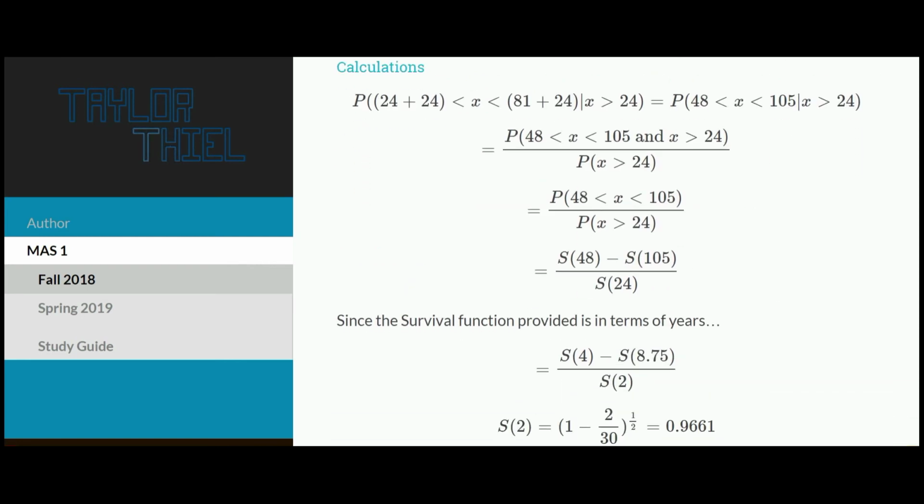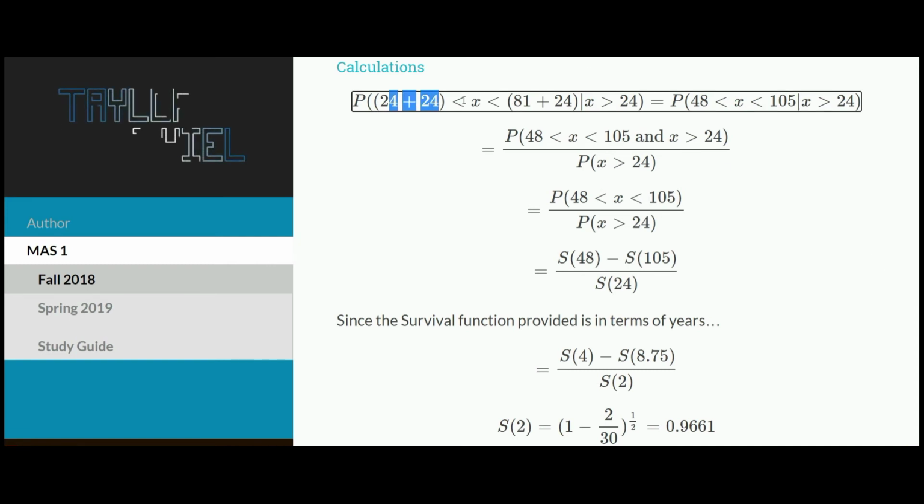Jumping into the calculations, first we're going to be applying that Bayes' theorem. We want to know the probability that you fall in the specified range. Sorry, not survive.